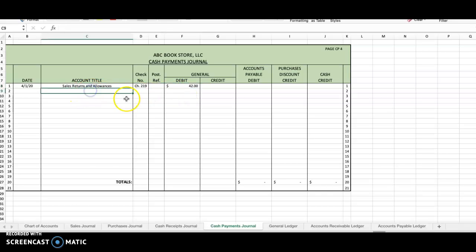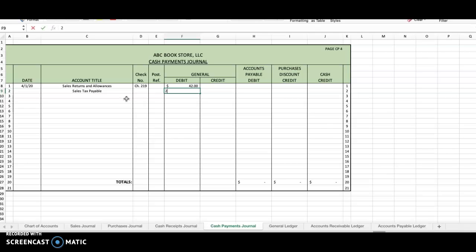Now, tax was involved as well. So we have to use sales tax payable. There's not a special column for sales tax payable here, so we have to use the debit column. So again, we want to show that this sales tax is no longer something that we're going to collect.